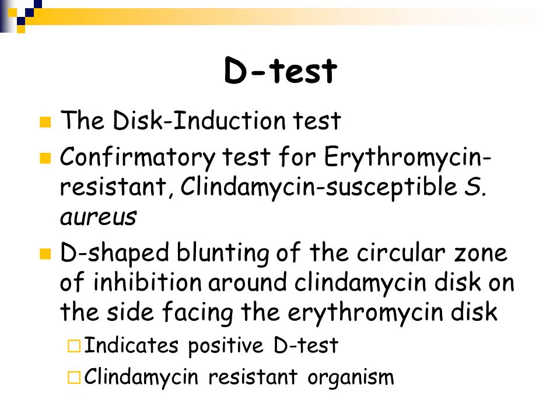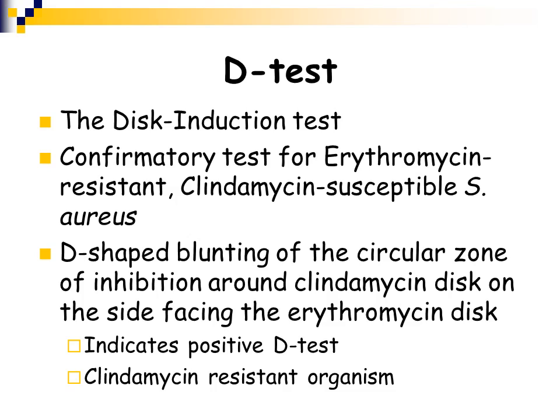And what the D-test is, you will drop a clindamycin disc next to an erythromycin disc, and your zone of inhibition will become the shape of a D. So if that happens, it's a positive D-test, and it actually needs to be reported as clindamycin resistant.